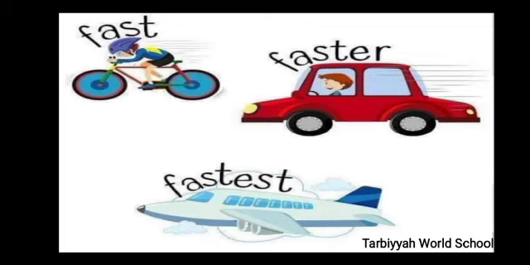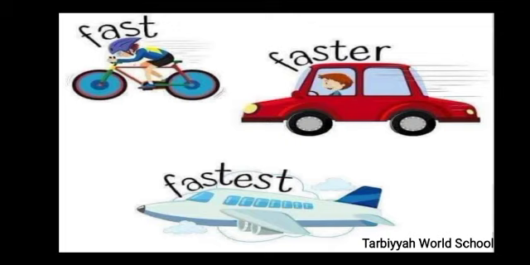The usual form of an adjective is used when we simply describe one thing or one person. Then you can see the second one, faster. A second form is used when we compare two things or persons. And see the third one, fastest. A third form is used when we compare more than two things or persons.